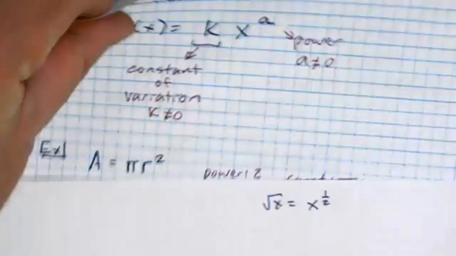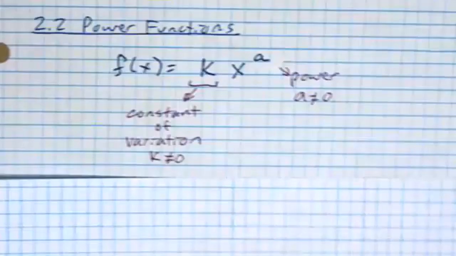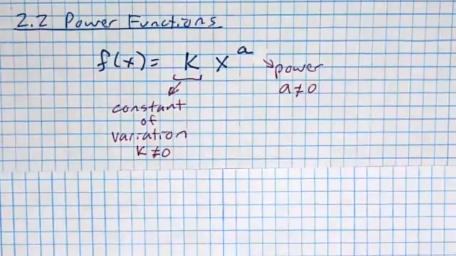I'm going to give you a couple examples and we'll work through together. So everybody got that first piece down? No, I took it away too quick. I'm sorry. So power functions are going to be in this format. You've got some constant of variation. They use K in our book. I will just refer to this as the constant. I'm not going to write down constant of variation each time.